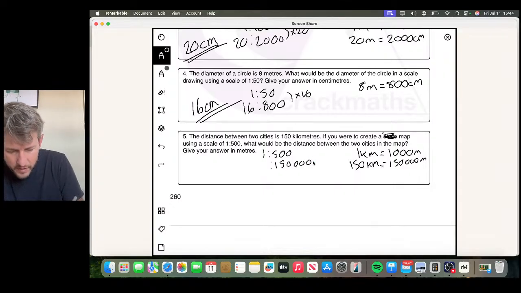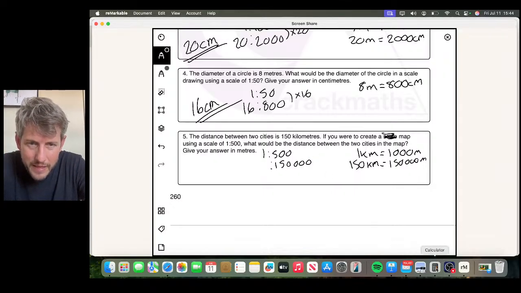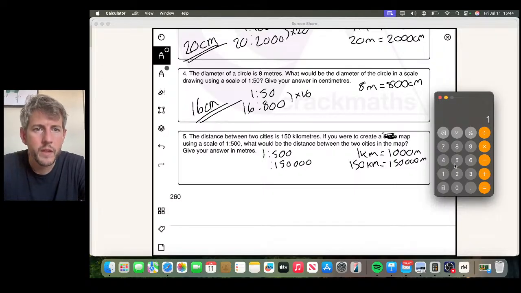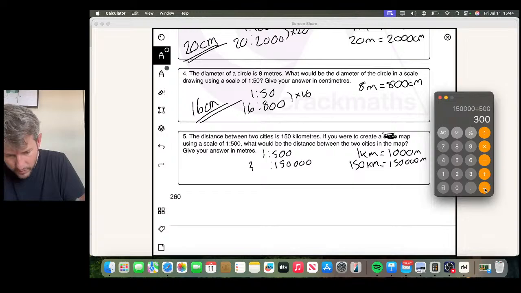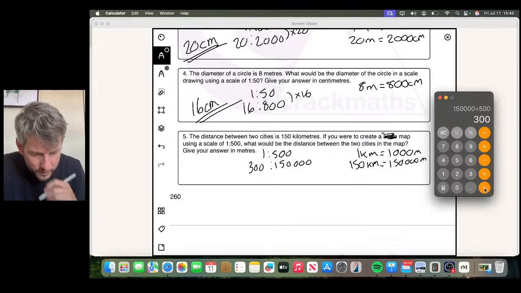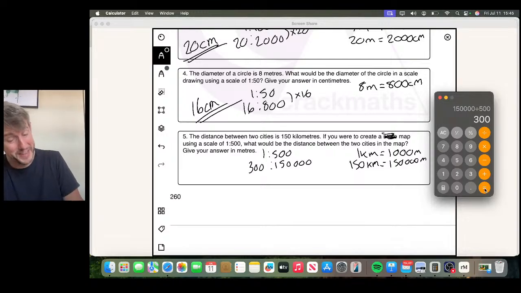Okay, I don't know that. Let's just use the calculator. 150,000 divided by 500. 300. Ooh. So this is a big map. I feel like they might have got their scale a little bit wrong on the map for this one. But we're saying 300 metres.